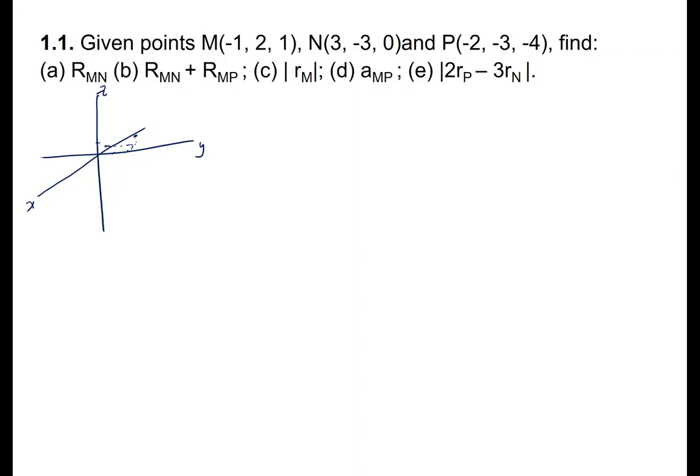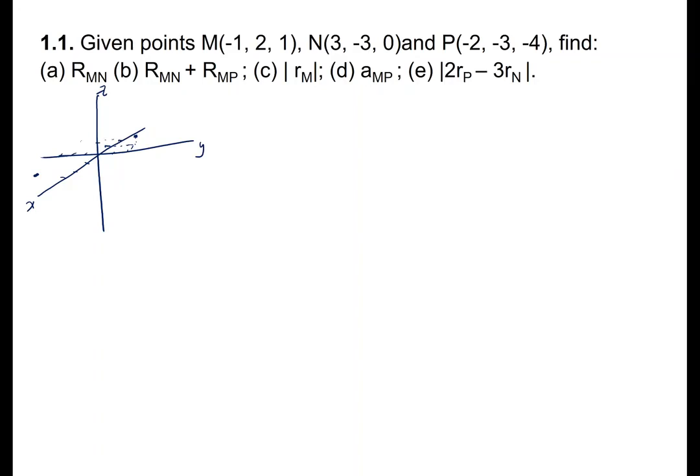Then we have the point N at positive 3 in the x, negative 3 in the y, and 0 along the z axis. So you just put it here. That's N. And then P, you have negative 2, then negative 3.